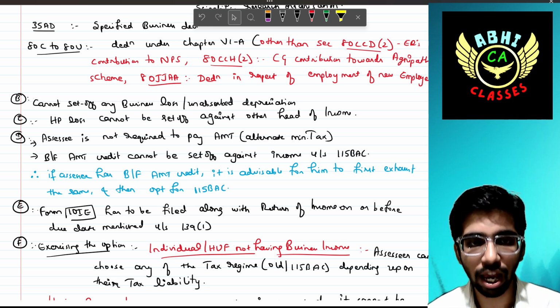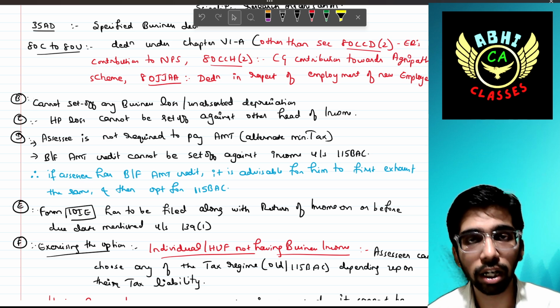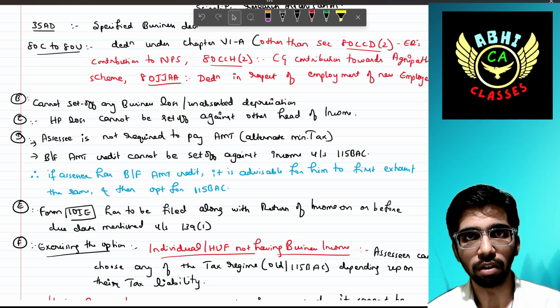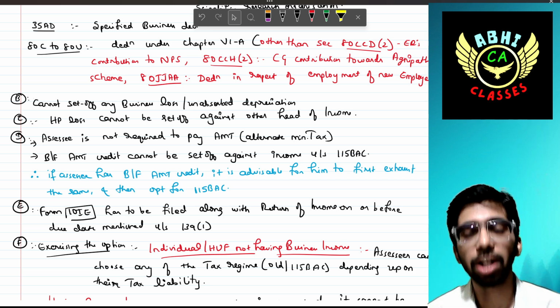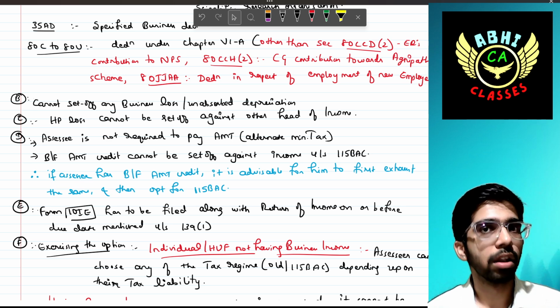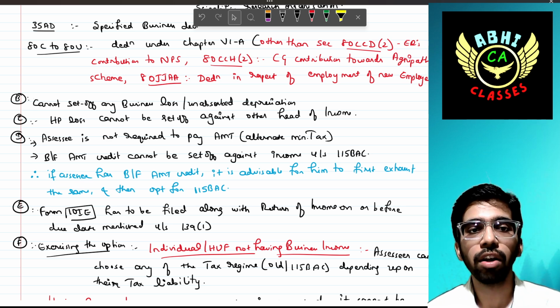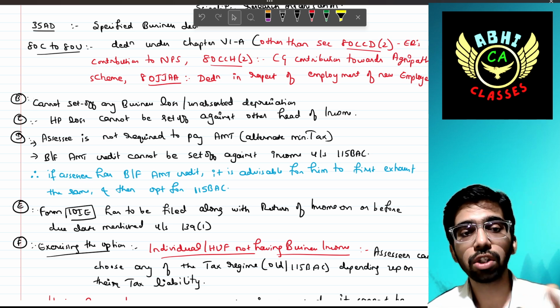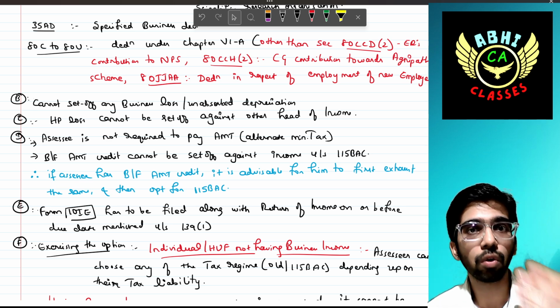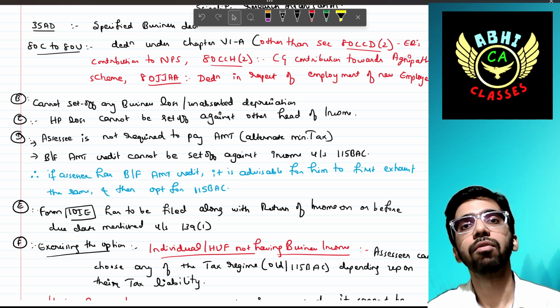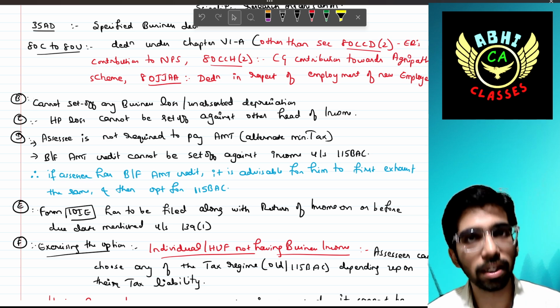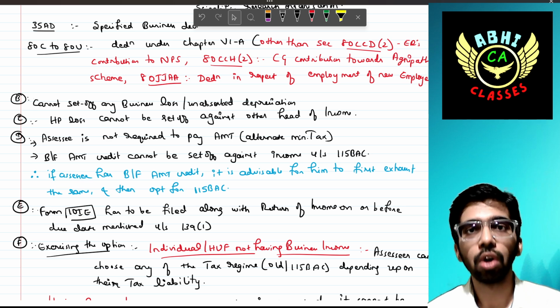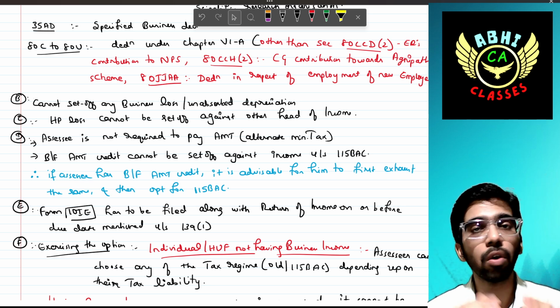Next, if an SSE has a brought forward AMT credit, this is our suggestion. As a tax practitioner, as a chartered accountant, we need to guide the clients that if you have any brought forward AMT credit, first you need to exhaust that, then you can come to this 115BAC.